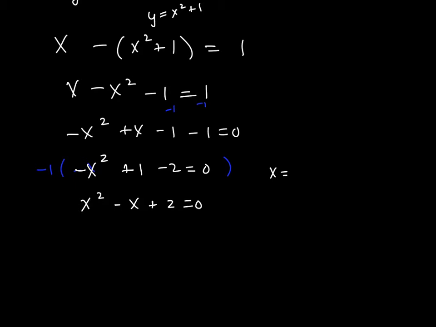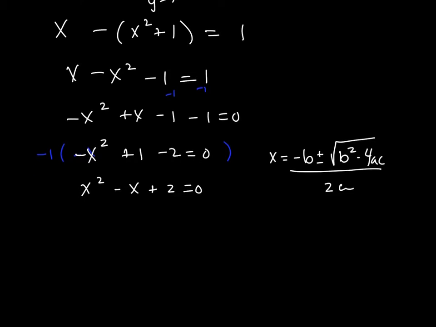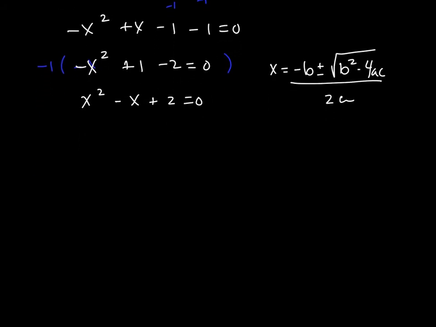So I need to go through and solve that for x is equal to -b plus or minus the square root of b squared minus 4ac, all divided by 2a. Now, when I'm using the quadratic equation, you just go through and label everything. a is equal to 1, b is equal to -1, and c is equal to 2.